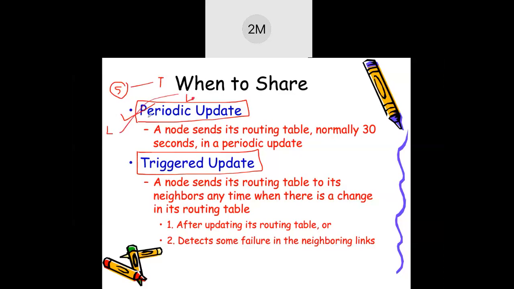So for that, triggered update is selected. Triggered update is when there is a change in the table, then only it will exchange the table. Okay, that will solve the problem of deciding the time.